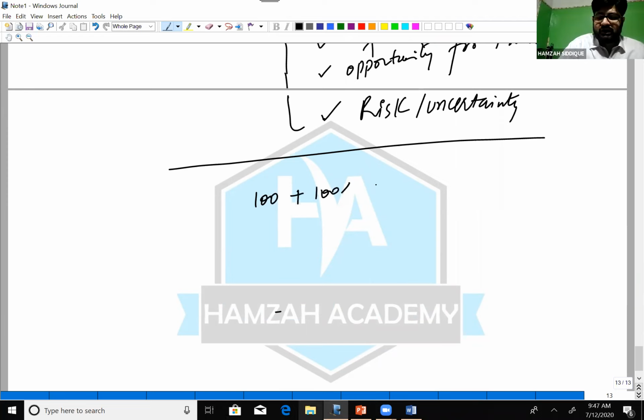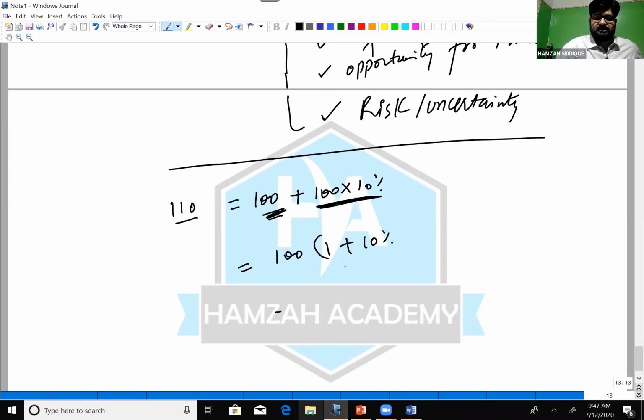So after 1 year, what will you get? You will get 110. Today 100, invested at 10%, after 1 year you get 110. Just see here. I take 100 common in both of these, so it will be 100 times (1 plus 10%), which is 110.